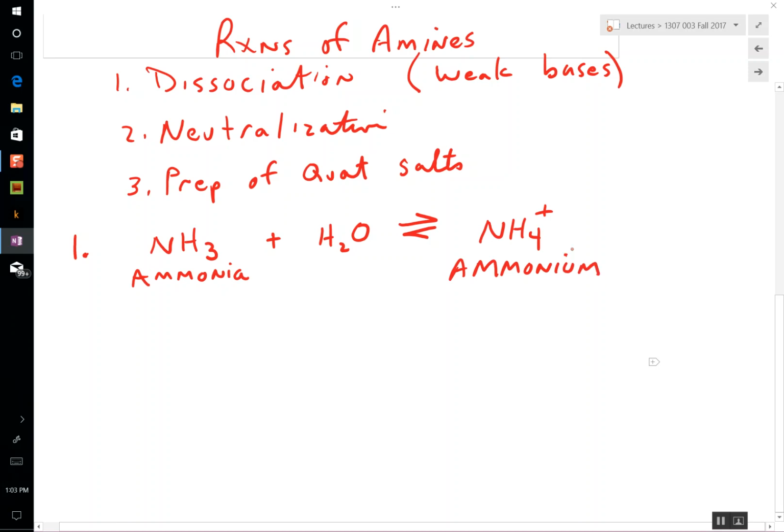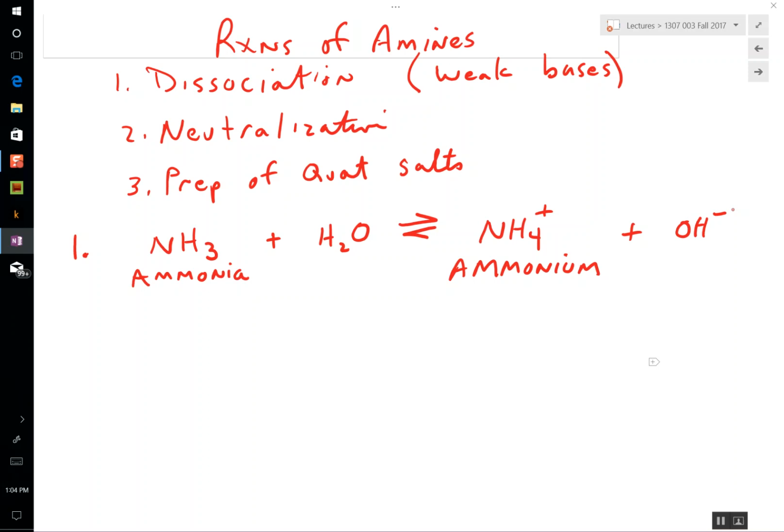So what's left over? If the ammonia gets a proton from the water, what else is left? What's left over from the water molecule? An OH. All right? And what is OH in water? Basic. It's what makes the water basic.